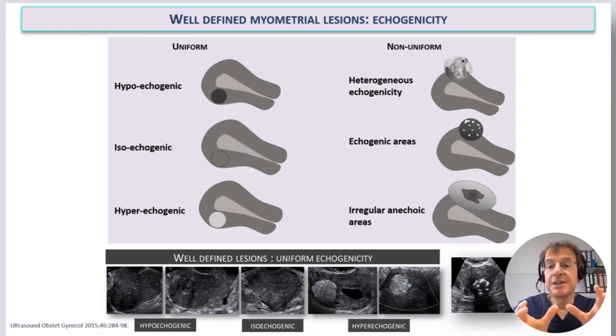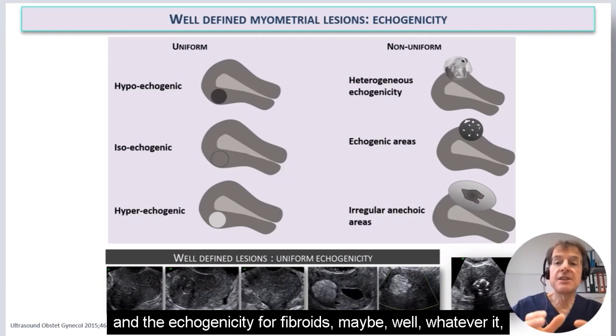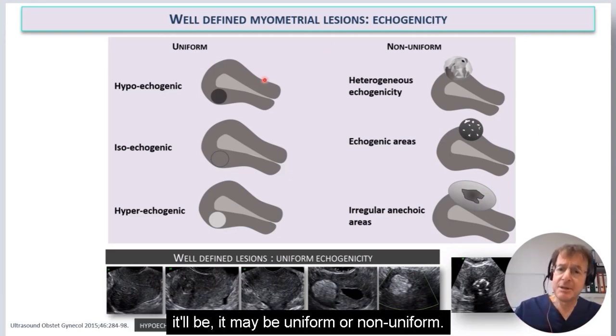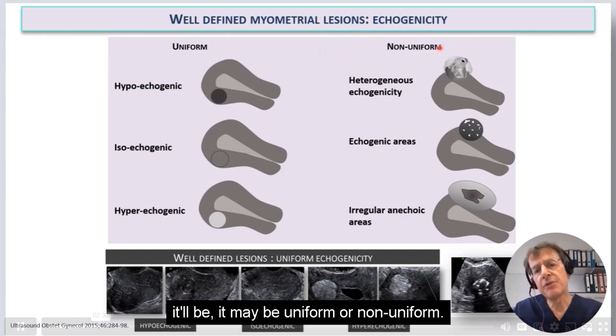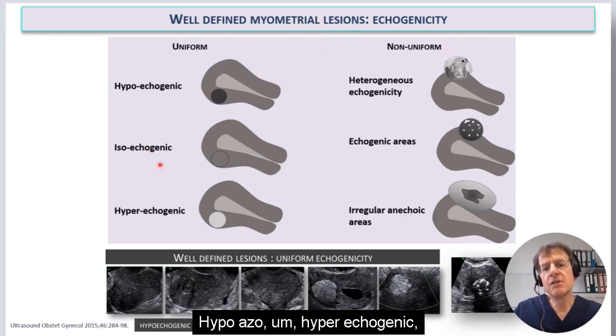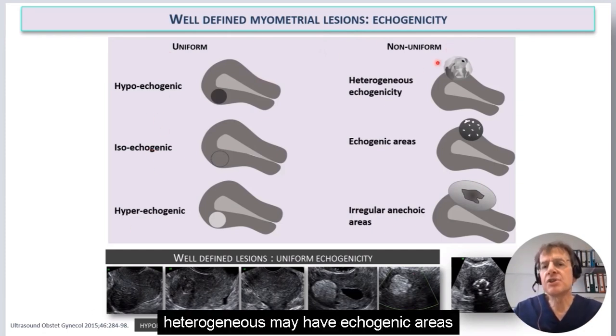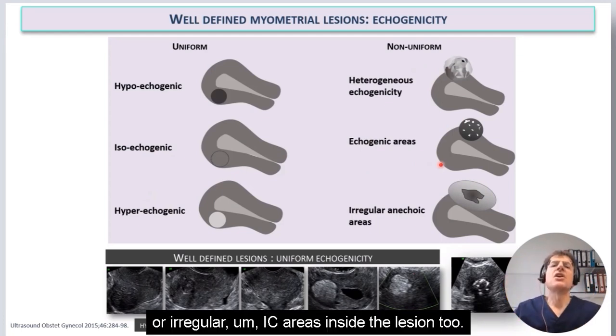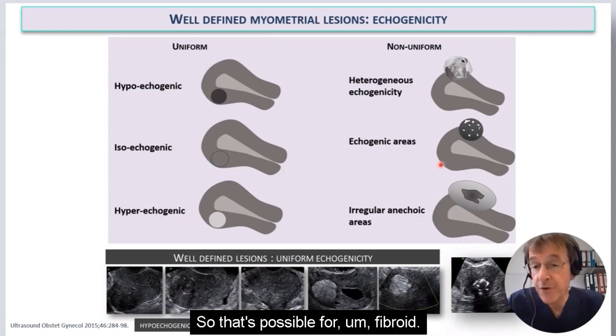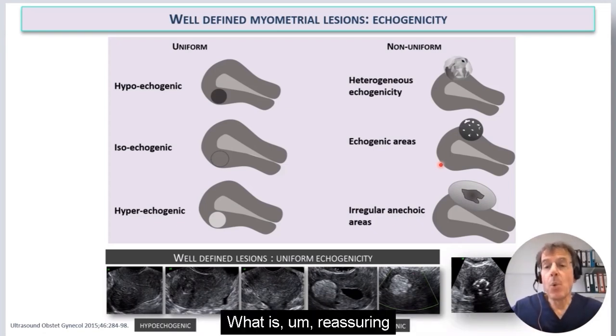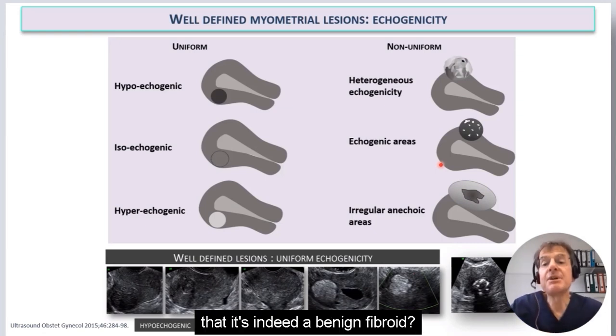we have to report the echogenicity, and the echogenicity for fibroids may be whatever it will be. It might be uniform or non-uniform, hypo-, iso-, hyperechogenic, heterogeneous, may have echogenic areas inside, calcifications, or irregular anechoic areas inside the lesion too. So that's possible for a fibroid. What is reassuring that it's indeed a benign fibroid?